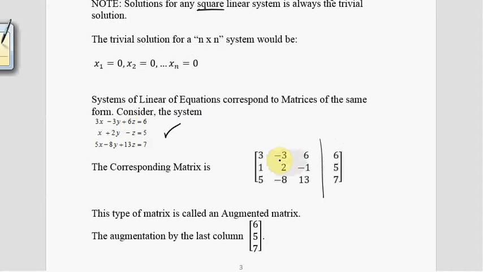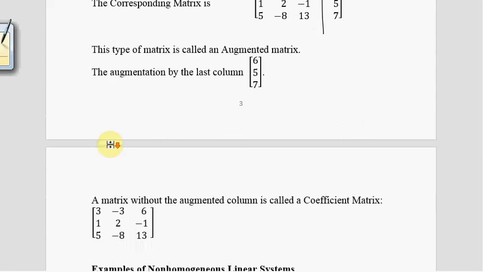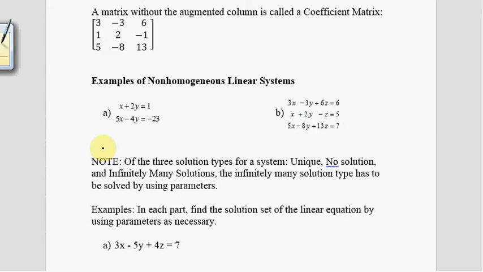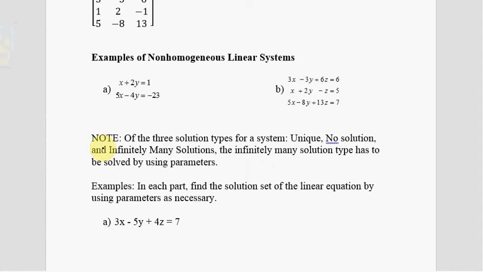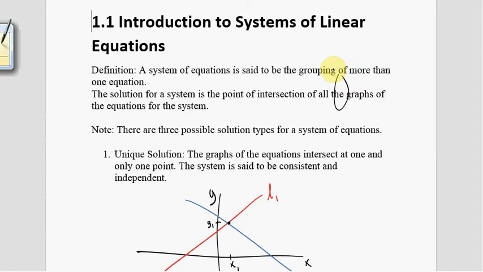You can go from a matrix to a system. And I think this is where we stopped. And here are examples of non-homogeneous linear systems. Non-homogeneous being that these numbers here are not 0.